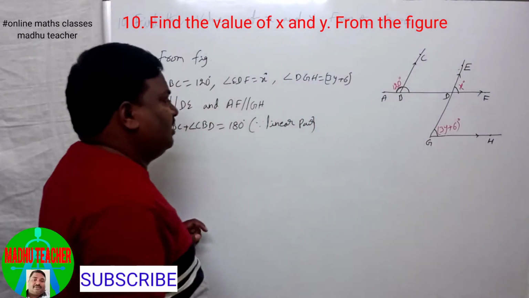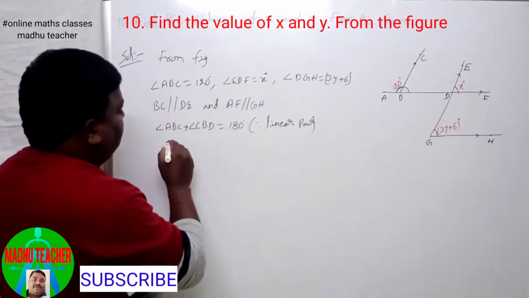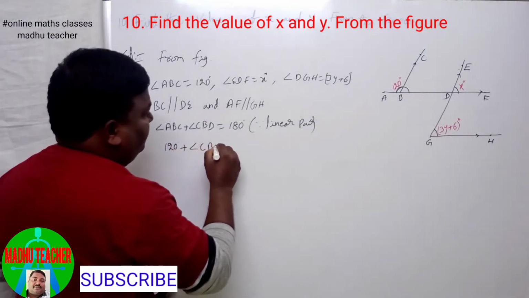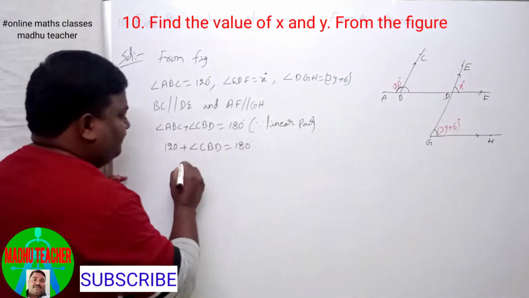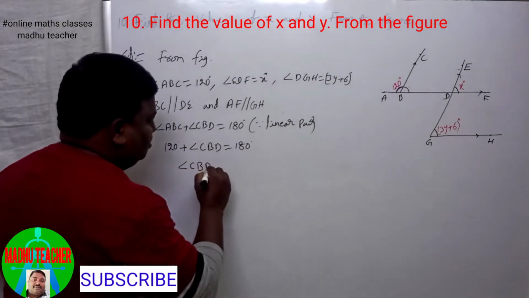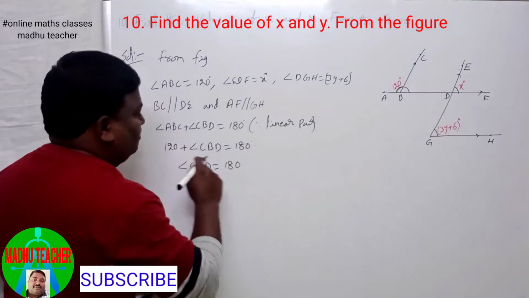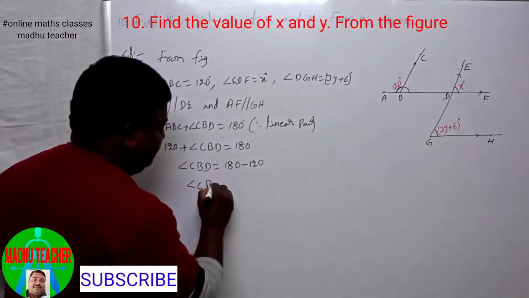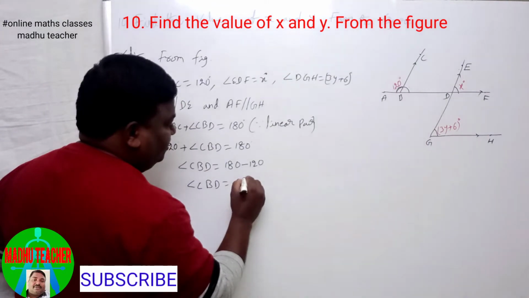What is the angle ABC? ABC is 120 degrees plus angle CBD equal to 180 degrees. Angle CBD equal to 180, taking right side, minus 120. That is angle CBD equal to 60 degrees.